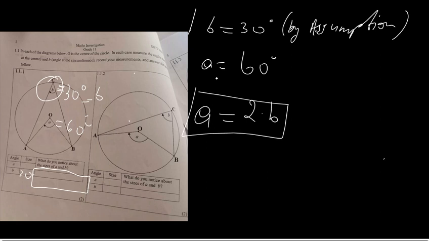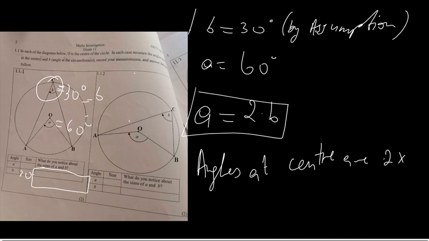So hence today we have this law that states that angles at center are 2 times, or are twice, the angles at the circumference.